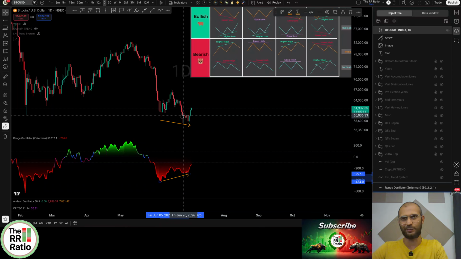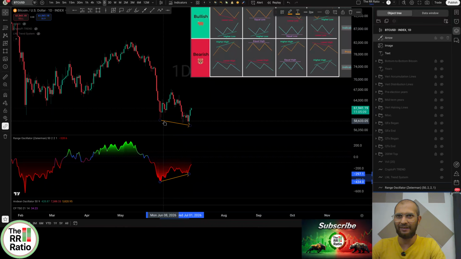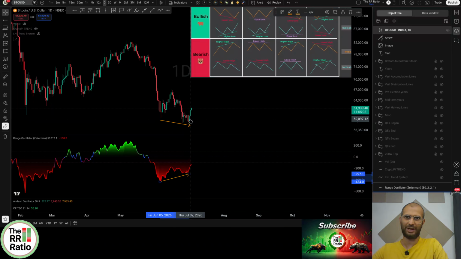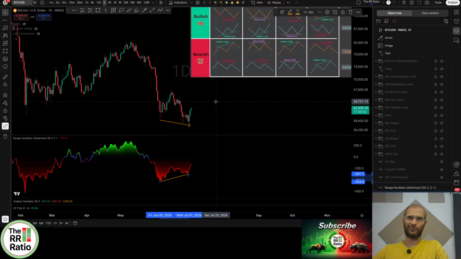Sorry, not the bullish order block, but bullish divergence. We have this bullish divergence which formed yesterday, and price has answered to that by going upwards. So this historical part is basically done. Now the new one comes into the picture, and that is the bearish order block.